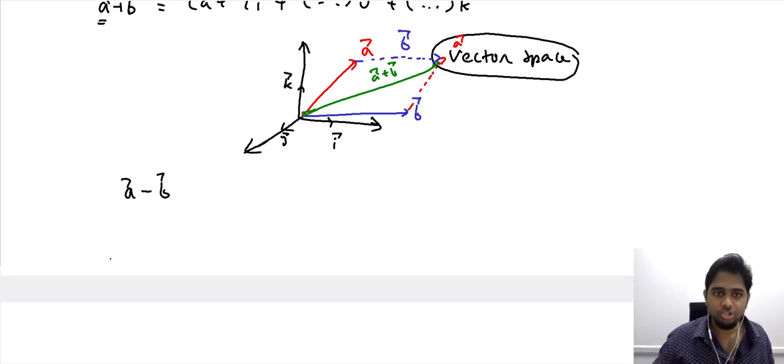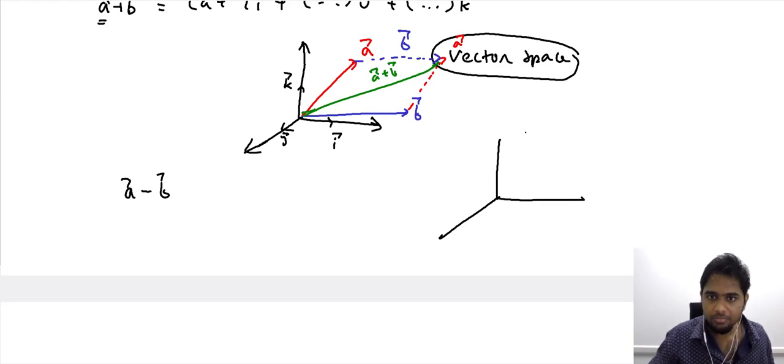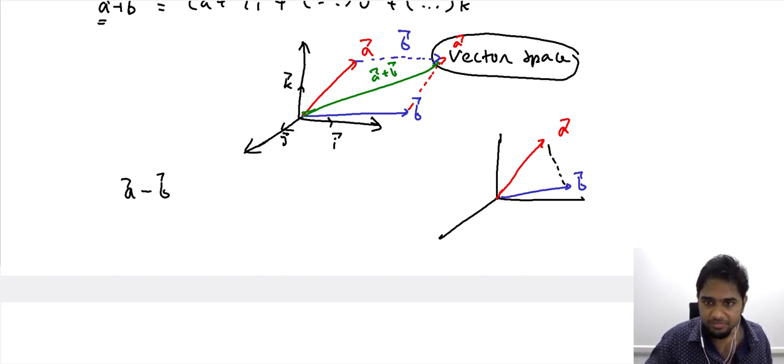And when you consider the geometrical representation of it, again you have 2 vectors, here the a vector and your b vector. The difference a minus b will be this. The difference a vector minus b vector will be this.